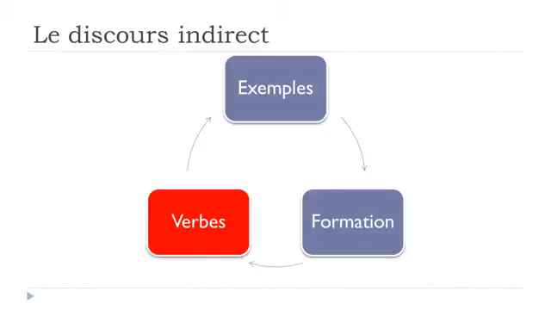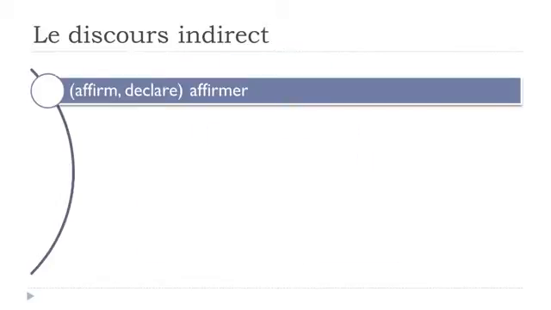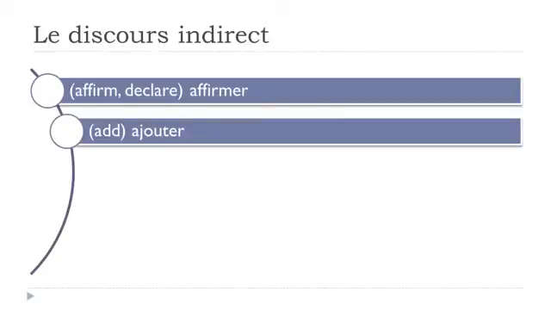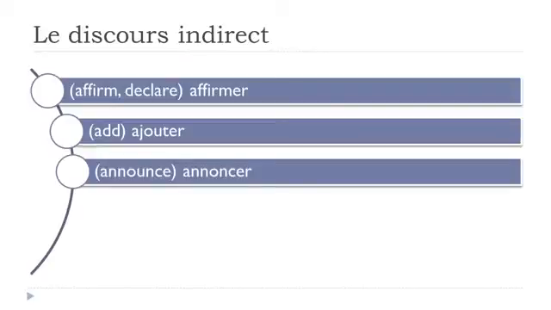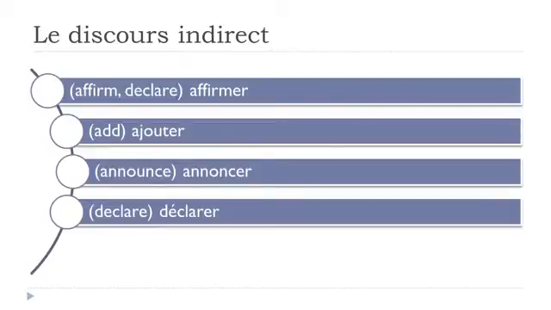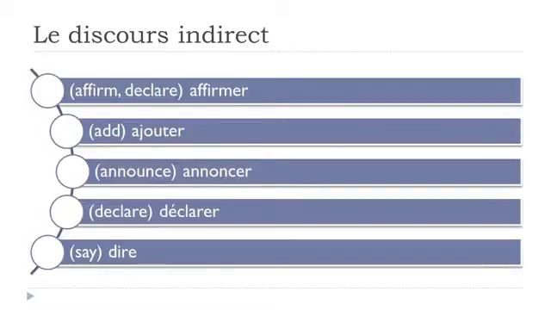Okay, and so now let's see the verbs that you could have or that you could use to introduce this discours indirect. Okay, and the list will start now. Affirmer, ajouter, annoncer, déclarer, dire.